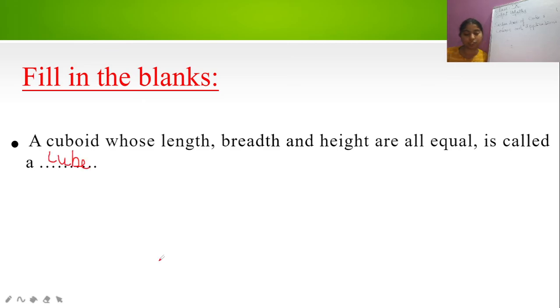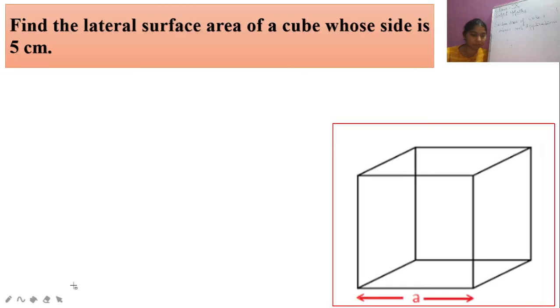Okay students, now what you have to do is find the lateral surface area of a cube whose side is 5 centimeter. Do you see a cube on the right hand side? This is the cube we have. We are going to mention a side, which is a.